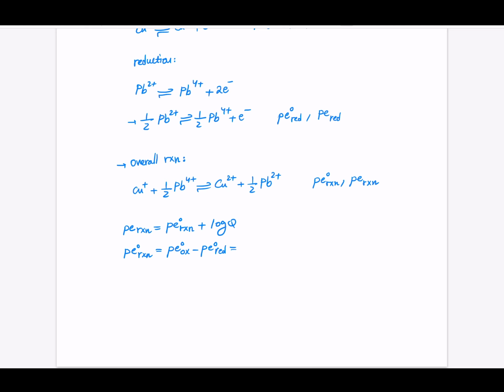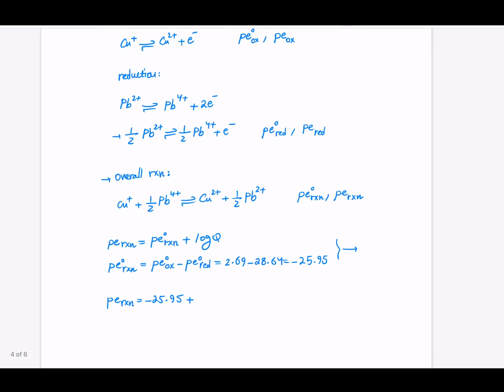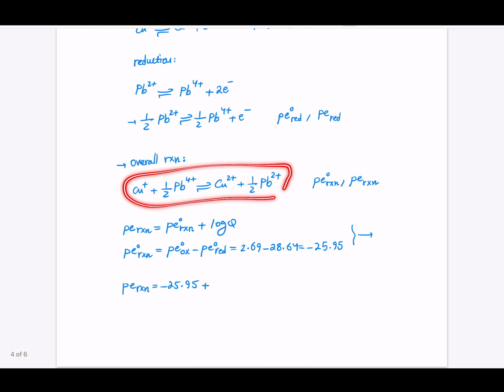Or in this case, based on the numbers that are given, 2.69 minus 28.64, which is equal to minus 25.95. And so combining these two, PE of reaction would be minus 25.95 plus, and now we need to look at the log of Q, the reaction quotient of this reaction.